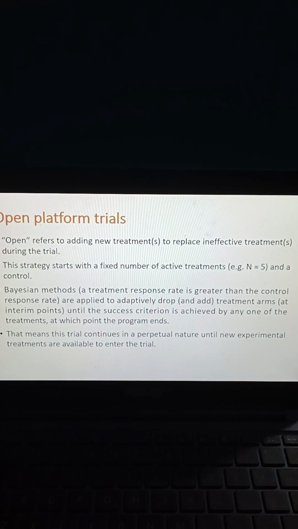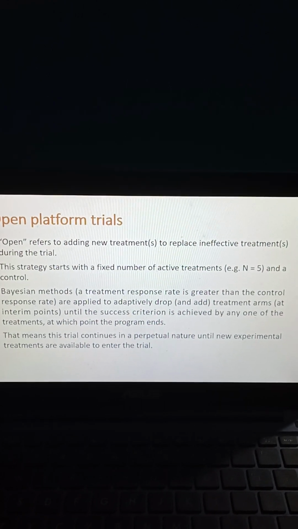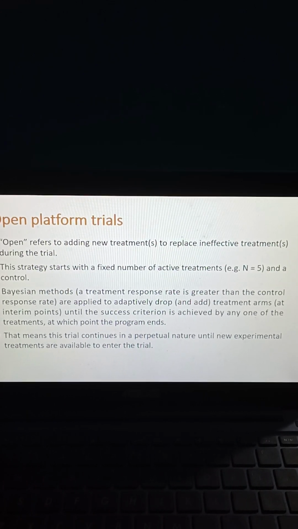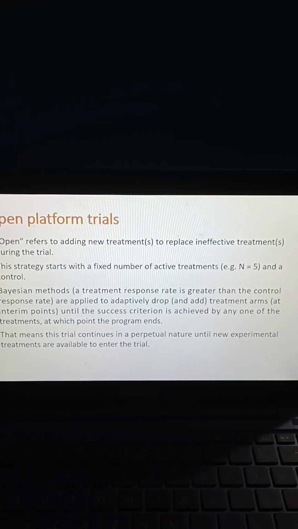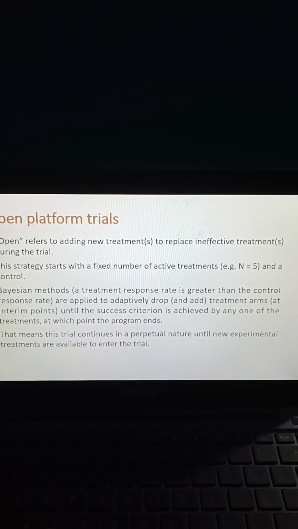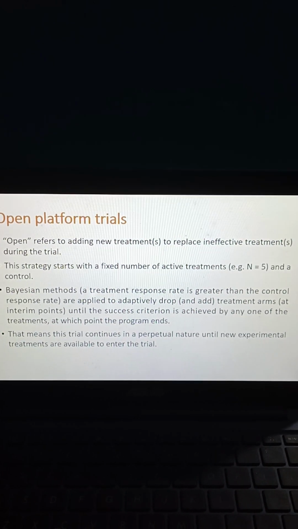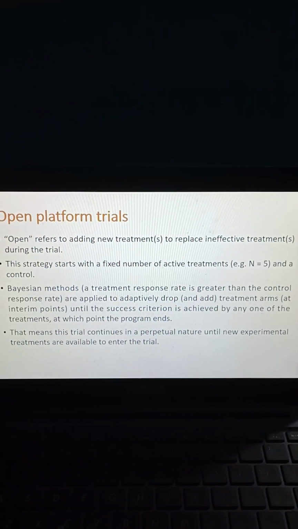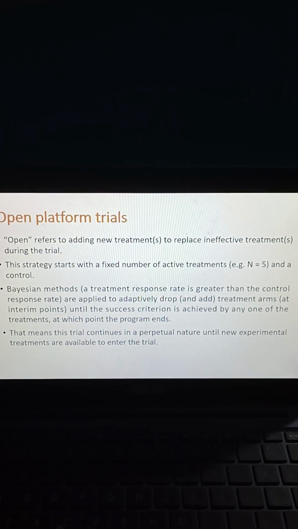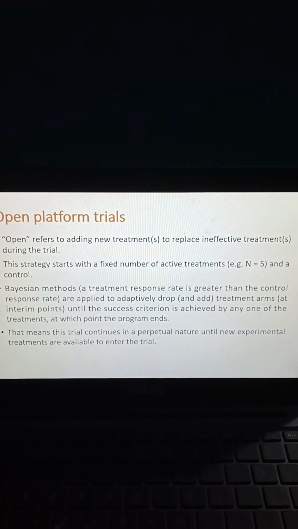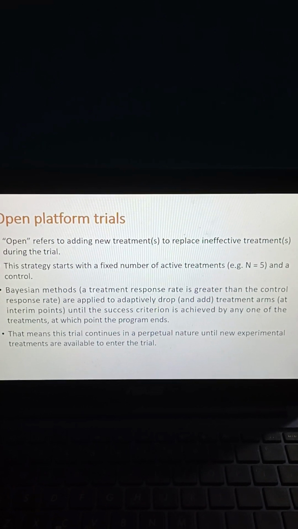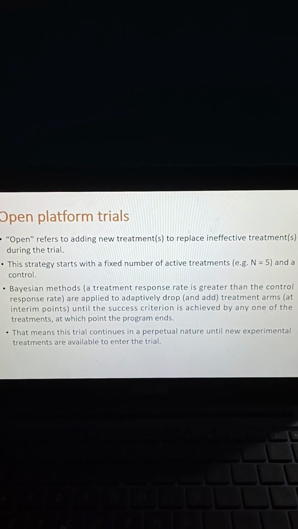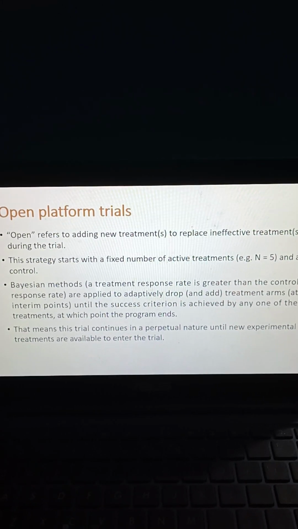Bayesian methods, a treatment response rate greater than the control response rate, are applied to adaptively drop and add treatment arms at interim points until the success criterion is achieved by any one of the treatments, at which point the program ends. That means this trial continues in a perpetual nature until new experimental treatments are available to enter the trial.